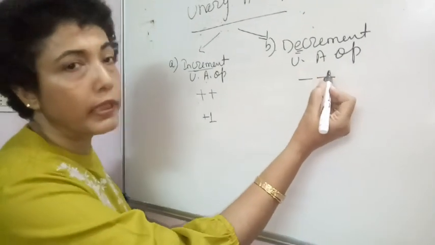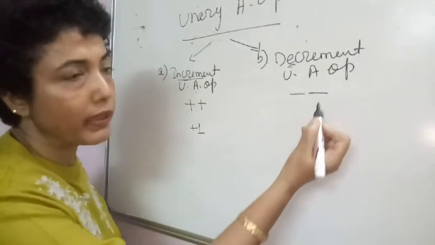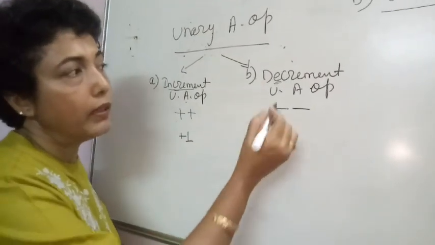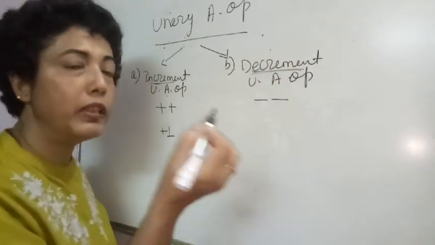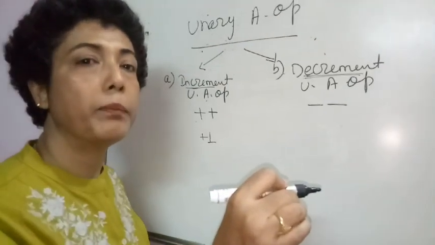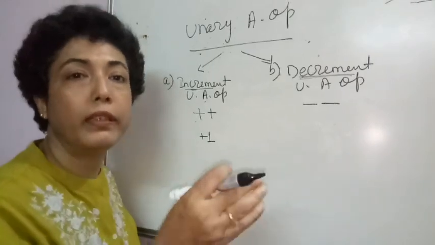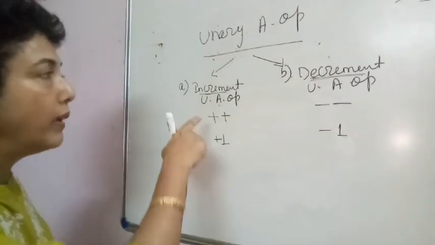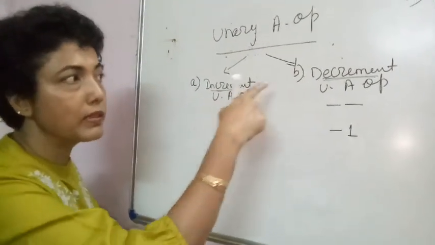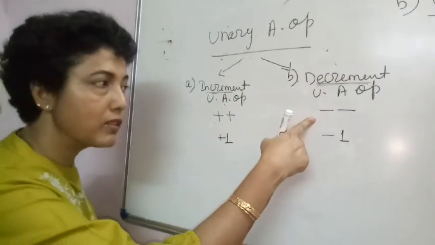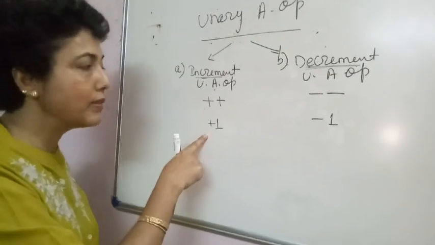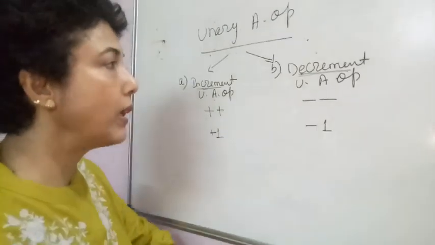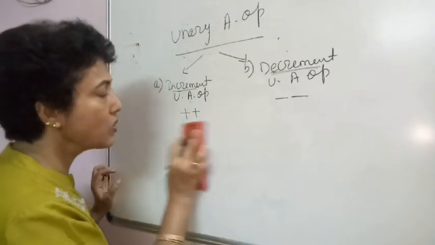Similarly, for decrement operator, as the symbol minus minus means it reduces, its work is to decrease the value of the operand by 1. I repeat, increment operator symbol is plus plus, decrement operator symbol is minus minus. It increases the value of the operand by 1, and this decreases it by 1.